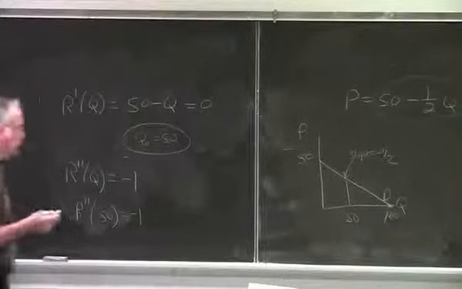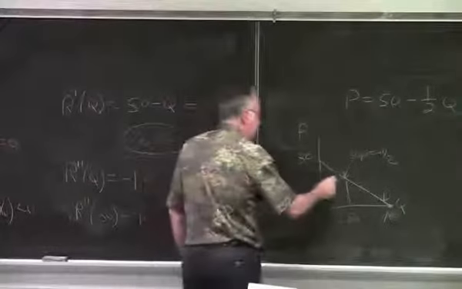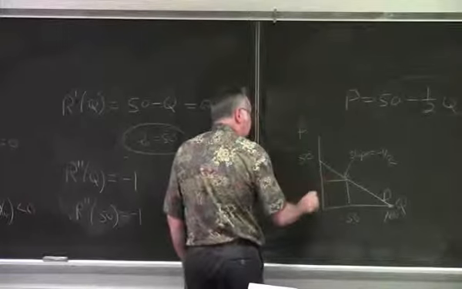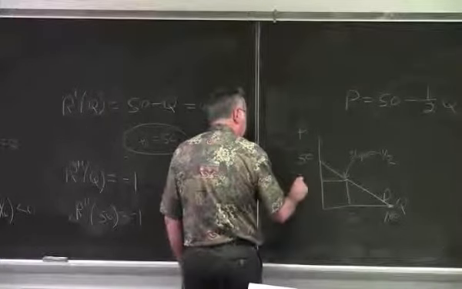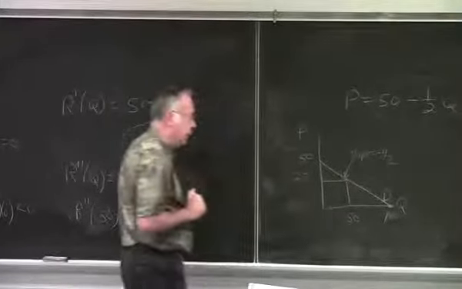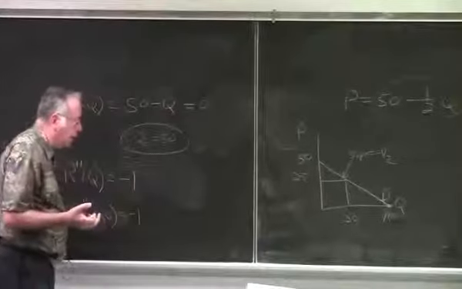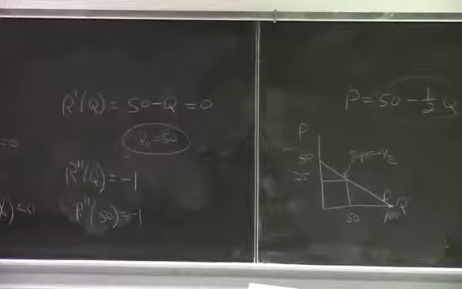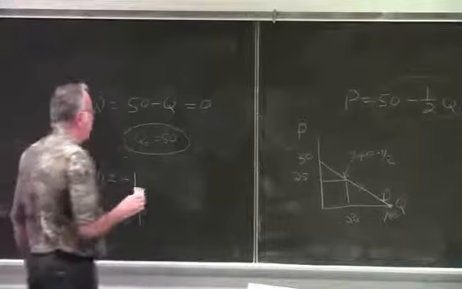The monopolist is going to charge as much as he or she can and sell that output. So they would produce 50 units, sell them for $25 a piece. And then the maximum revenue would be $25 times 50 units, which is 1,250.